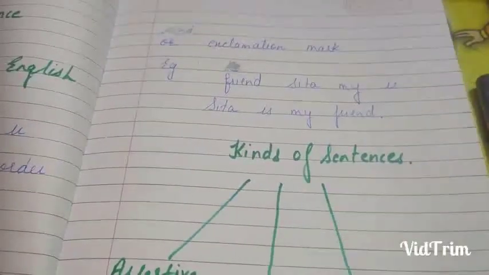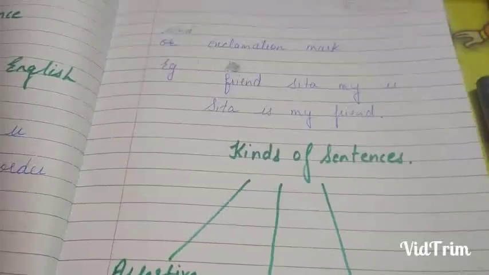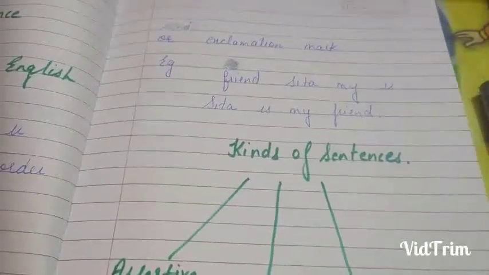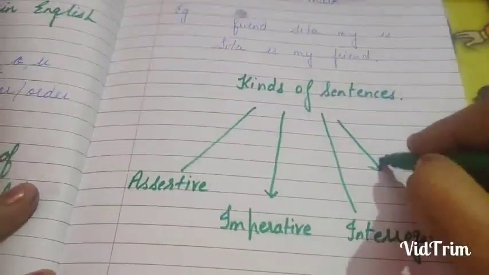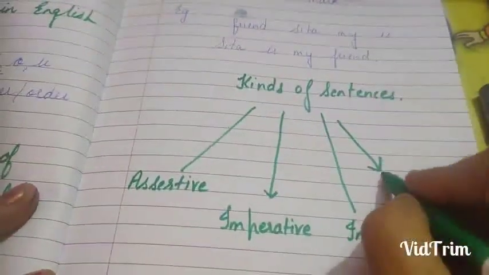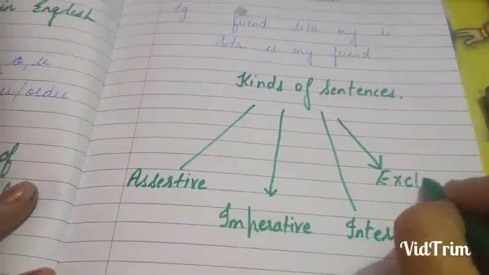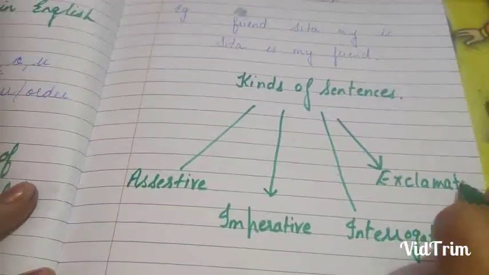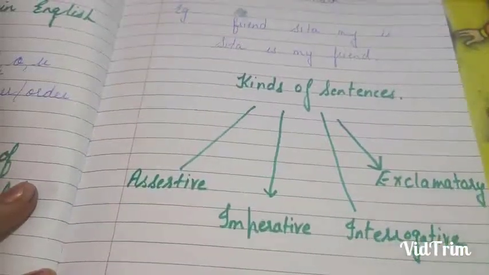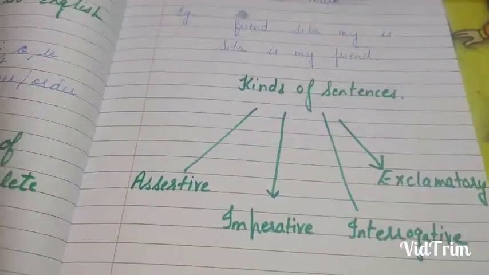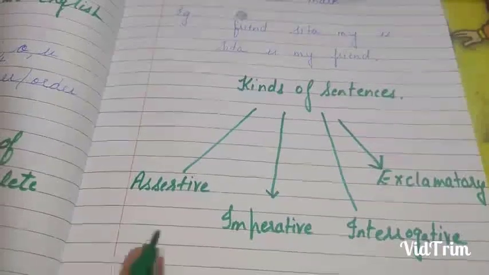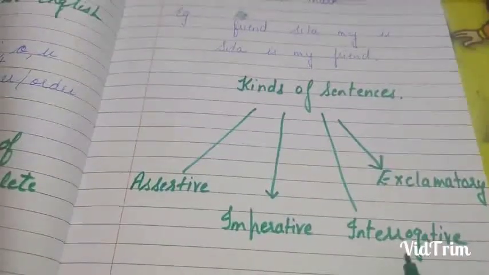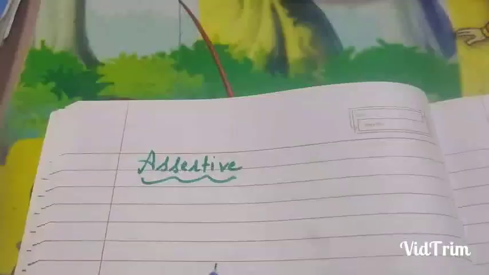Third is interrogative. And fourth is exclamatory. So these are the 4 kinds of sentences. We will do it in detail: assertive, imperative, interrogative, exclamatory.